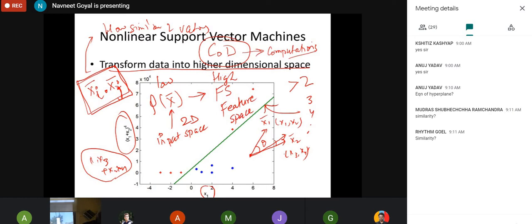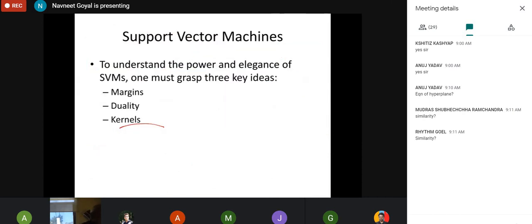Now, in case we have done this transformation from the input space to the feature space, let me show you. Earlier, when you had not transformed, you were doing this. Now you have carried out the transformation, and then this.